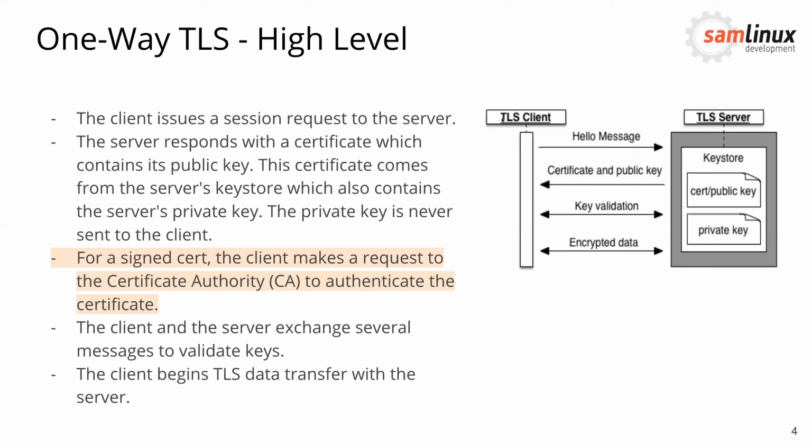The client sends a message, the client says hello, and then the certificate, which also contains the public key, is sent to the client. And the client checks whether this certificate is valid with a number of certificate authorities.